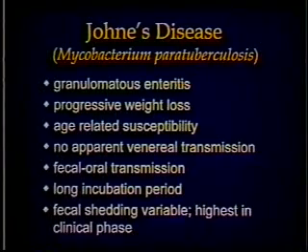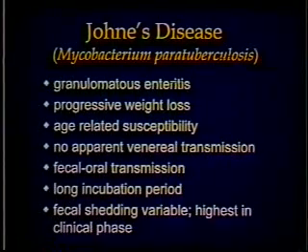Another member of the genus Mycobacterium is Mycobacterium paratuberculosis, which causes a disease known as Johne's disease. This is quite a different disease than tuberculosis and affects principally the intestinal tract, more commonly the terminal part of the intestinal tract in cows and sometimes sheep and other animals.